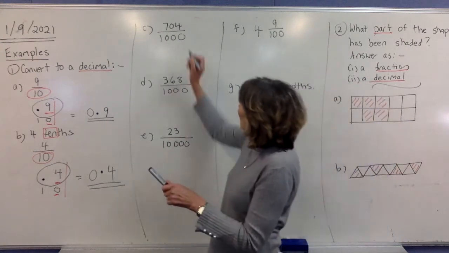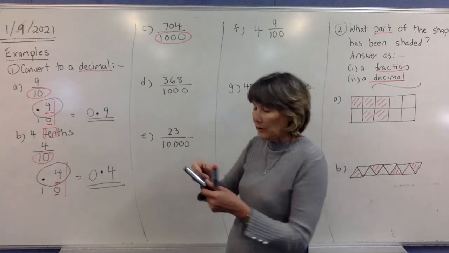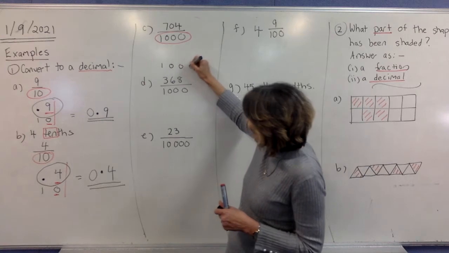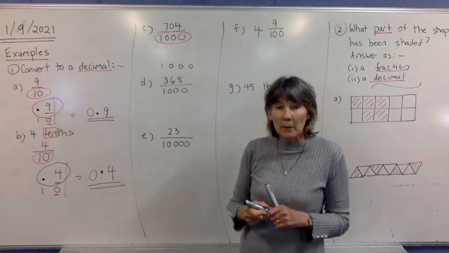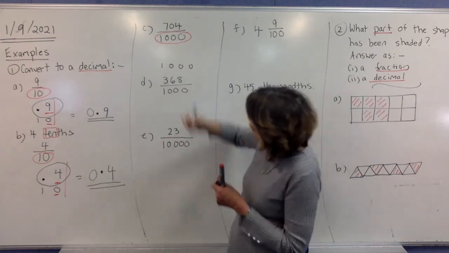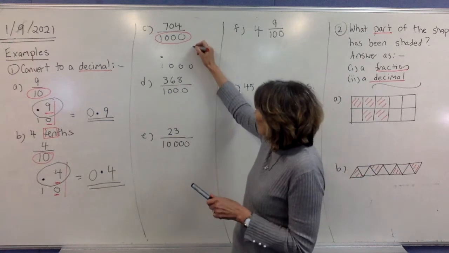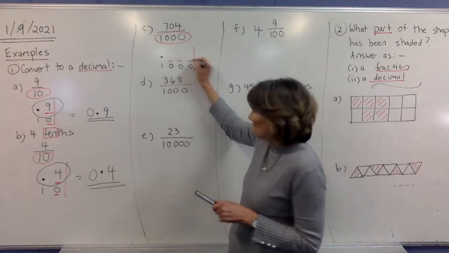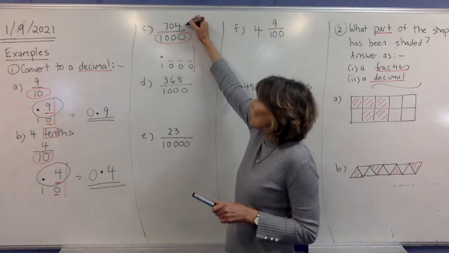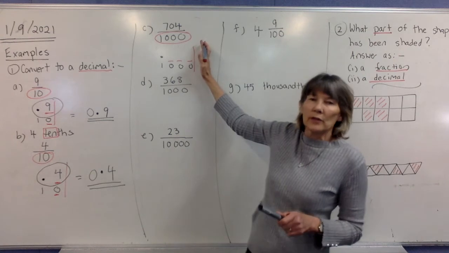This time we're looking at the bottom number, and it's 1,000. So we'll leave some space above it. We'll put 1, 0, 0, 0. That's our bottom number. Now we're going to put our decimal point above our 1. This time we've got 3 spaces to fill in for those 3 zeros. So we've got to look up the top here, we've got 704. I've told you in the notes to fill in from the end.